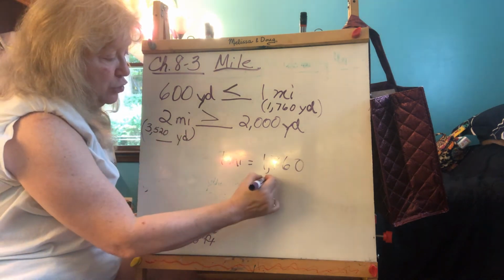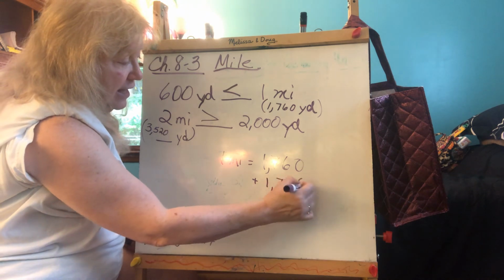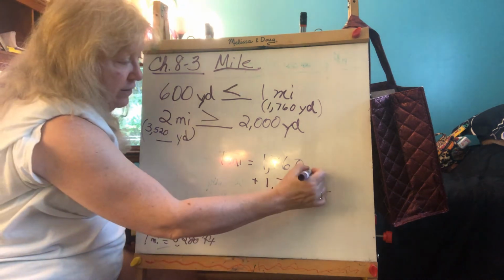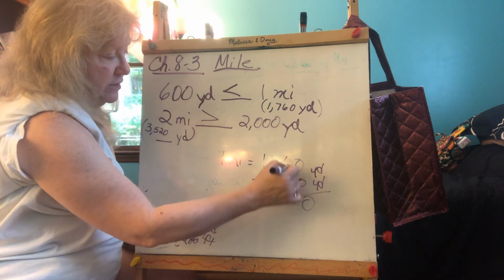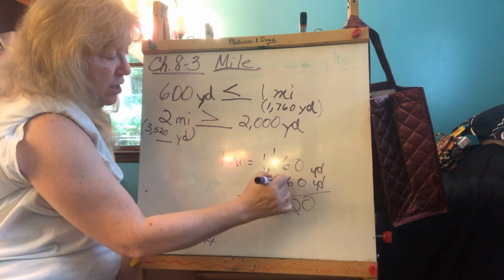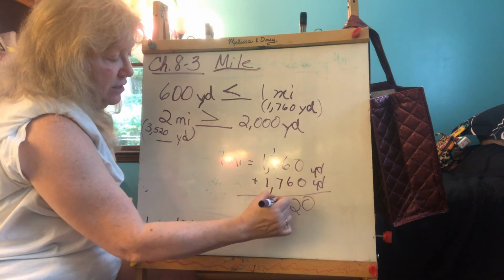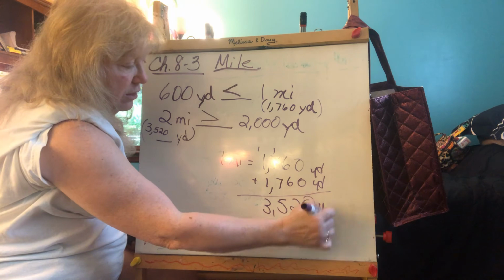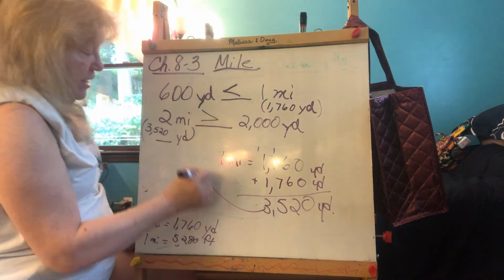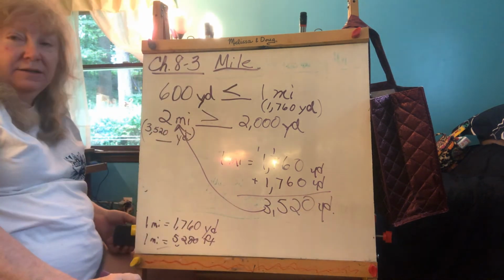We're asked about 2 miles. So we have to add a second set of yards here. 0 and 0, 6 and 6 is 12, carry the 1, 7, 14, 15, carry the 1, 1, 2, 3. So this is the same thing as 2 miles.